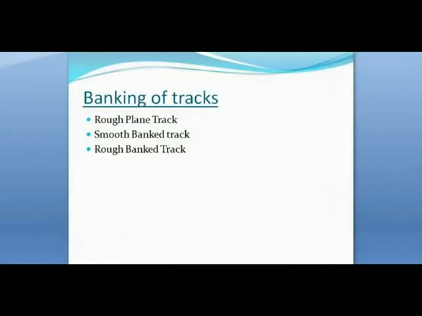Now we'll see some real life examples involving circular motion. We'll take the example of an object moving in a rough plane track, an object moving in a smooth banked track, and an object moving in a rough banked track. Let's first see the rough plane track example.